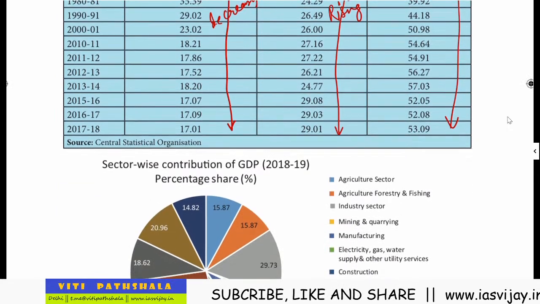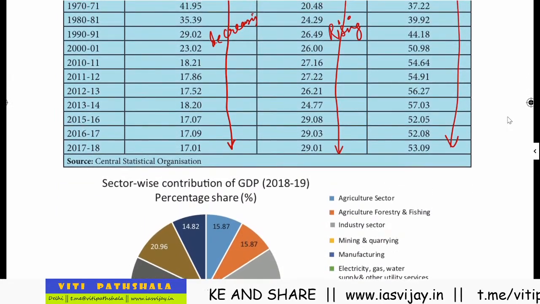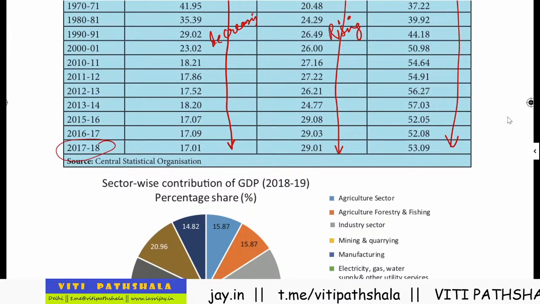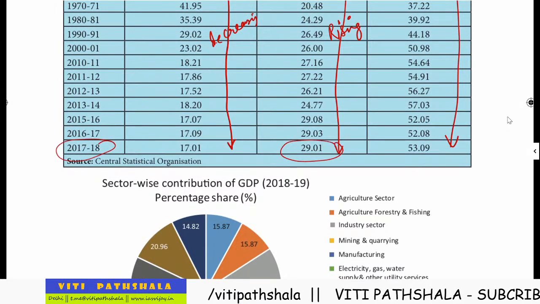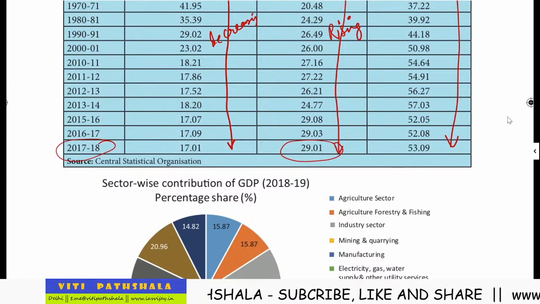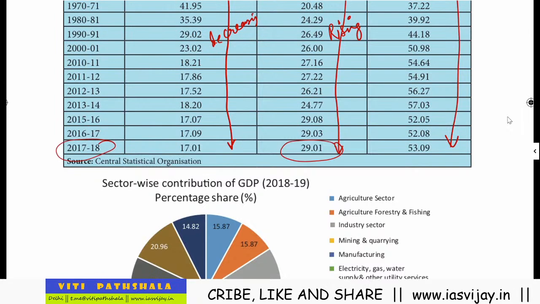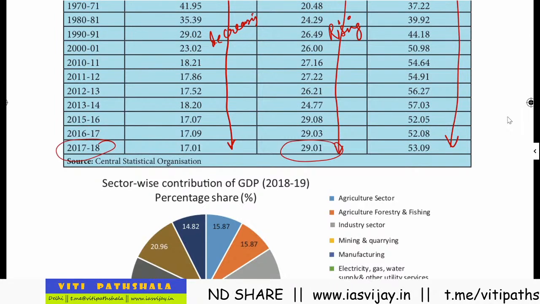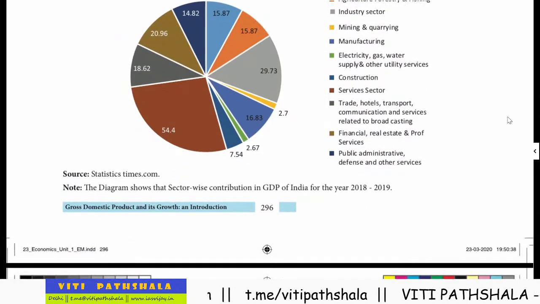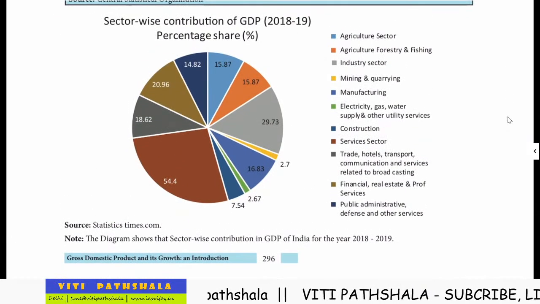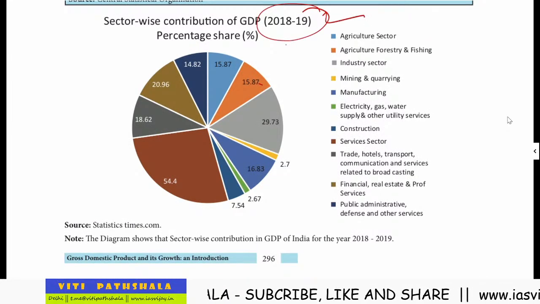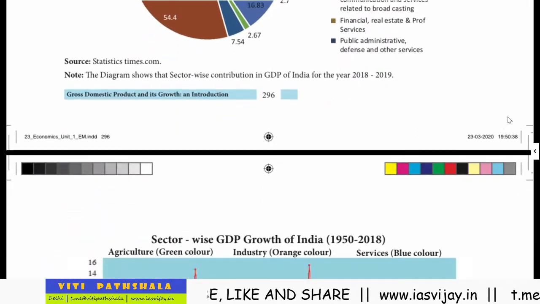From the 2017-18 data, what is evident is that our industry sector still lacks. The change has come from agriculture to the tertiary sector, but the secondary sector has to be improved, and that will help us more. This 2018-19 data is not important from our exam point of view, so we are leaving this.